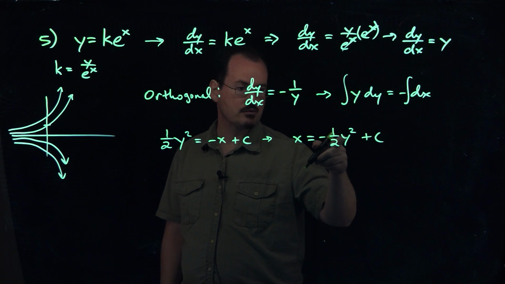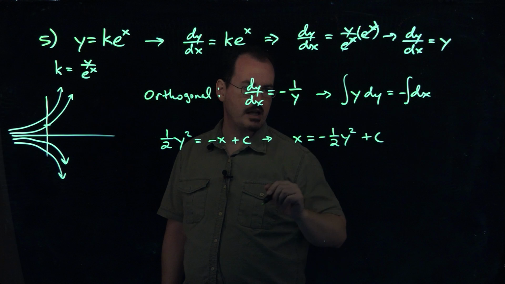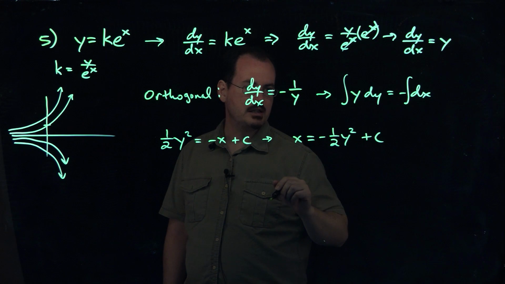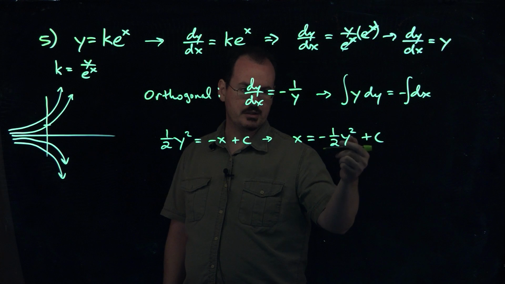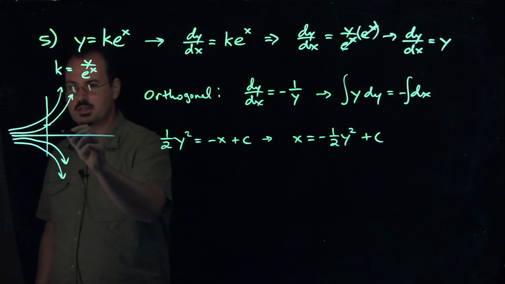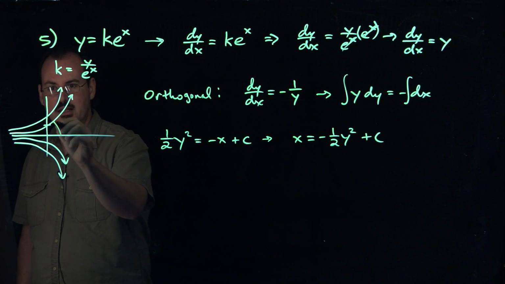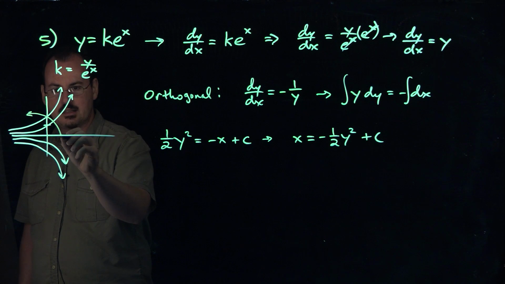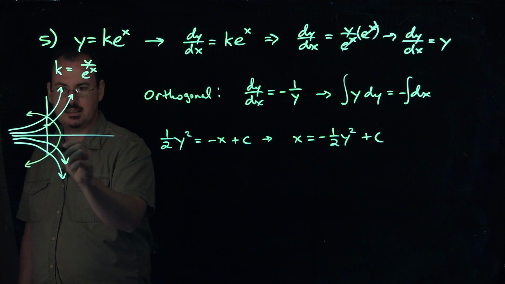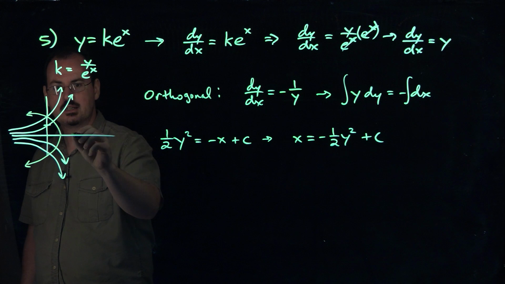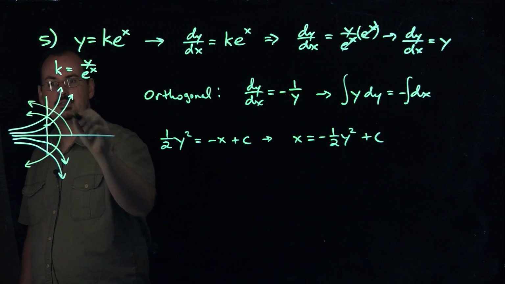You can kind of see what this would give you. X equals negative 1/2 y squared. That's going to be parabolas that are opening to the left. So if I, for example, just picked a parabola that opened to the left, we can kind of see that indeed it appears that it would be crossing these functions at right angles.